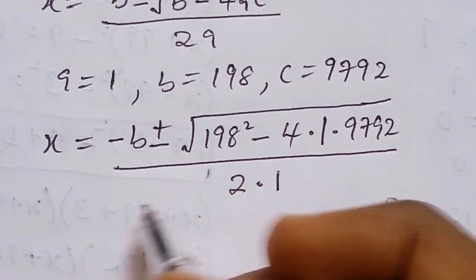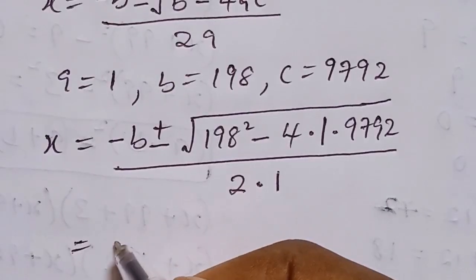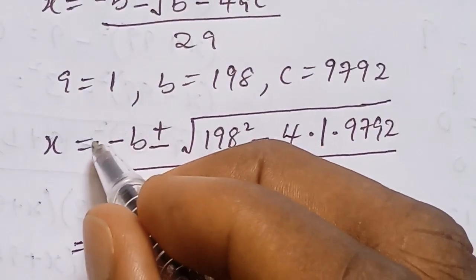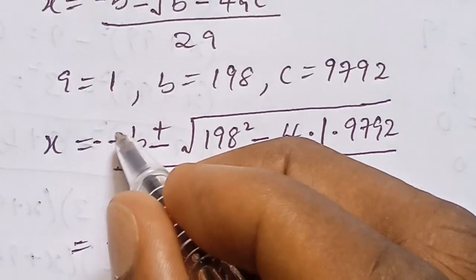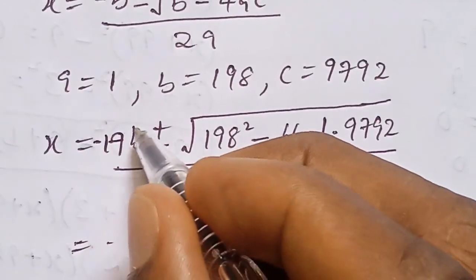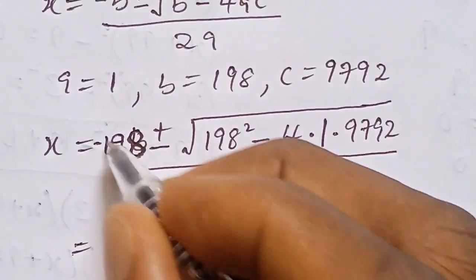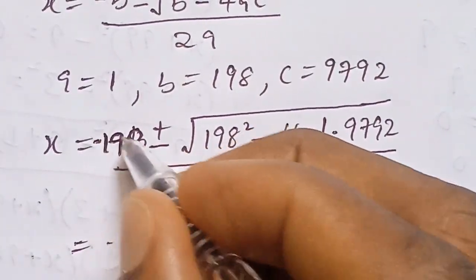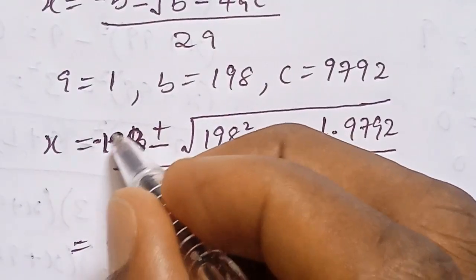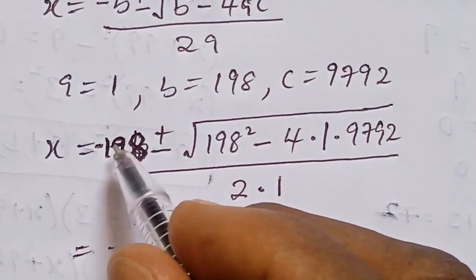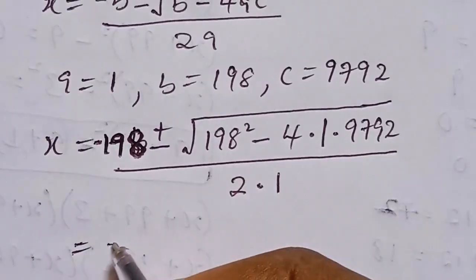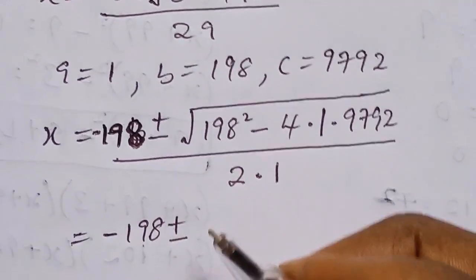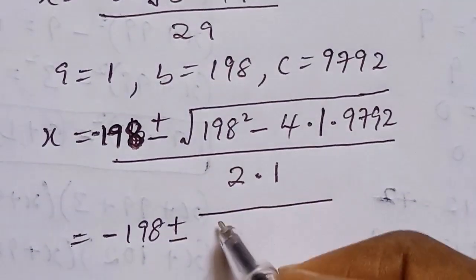So now we simplify what we have in the equation. This becomes minus 198, not b. Take care of this. Minus 198. So we have minus 198 plus or minus square root.